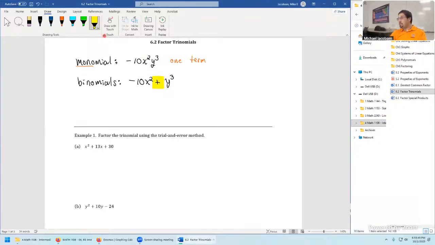What made it a binomial is we separated out the factors that were all here with either an addition sign, like in this example, or a subtraction sign. Now there are two terms. The first term is -10x squared. The second term is y cubed. And that's what the bi is just referring to. We have a polynomial expression, but now two terms altogether.